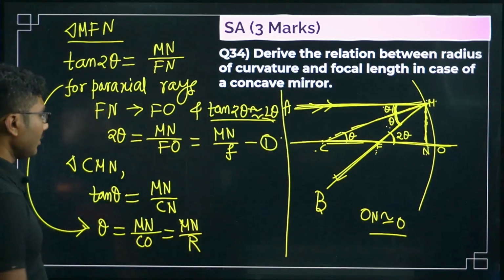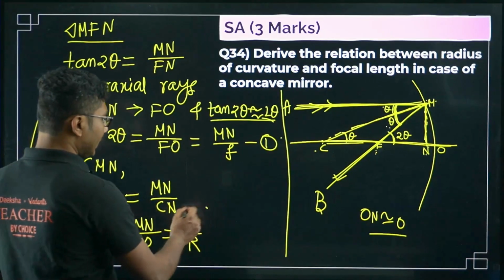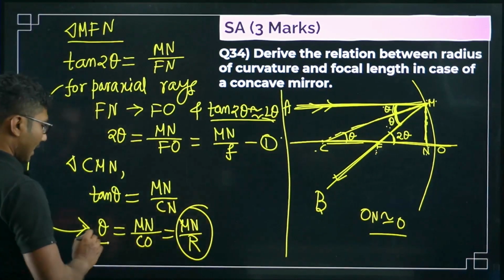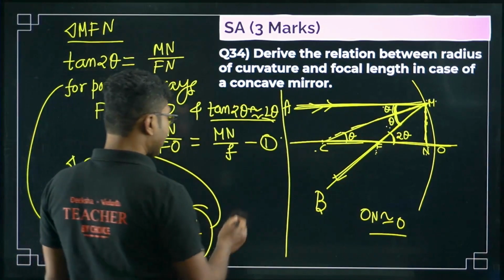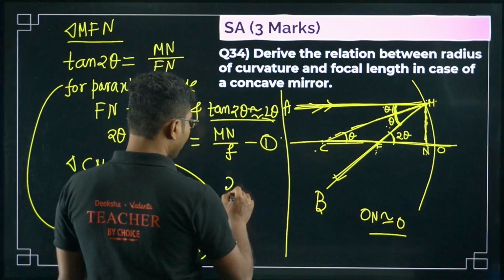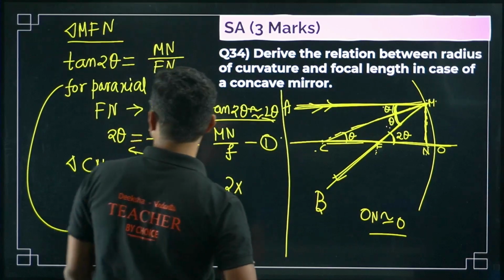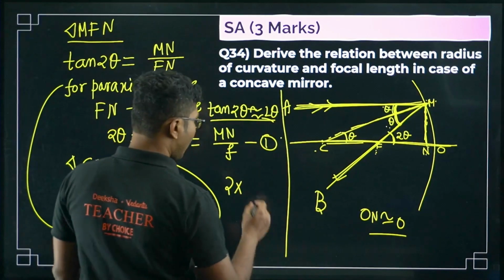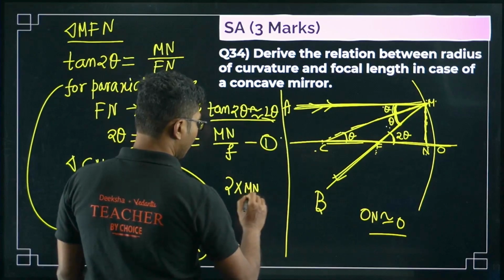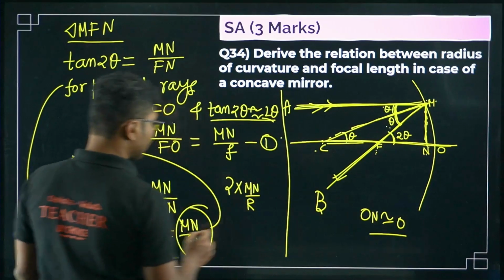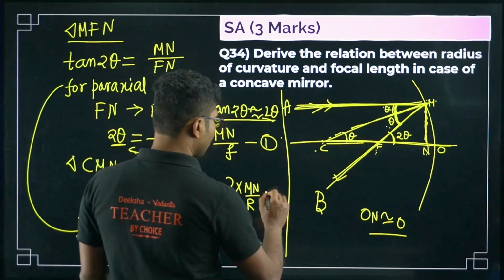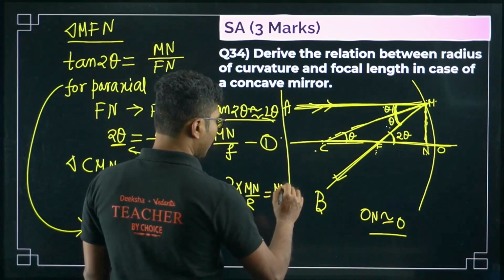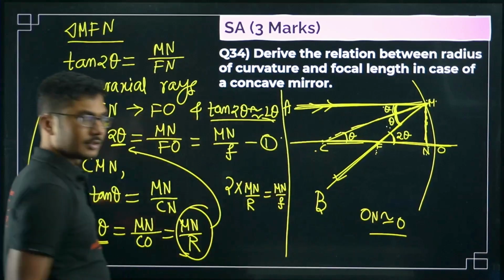Now if you put this value of theta into the previous equation, what will you get? You will get 2 into MN by R equals MN by f, right?